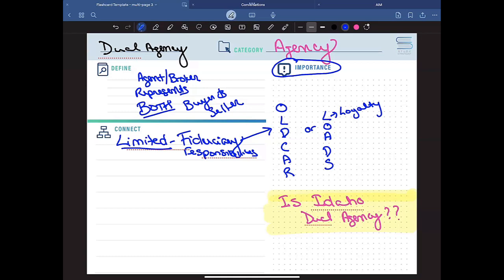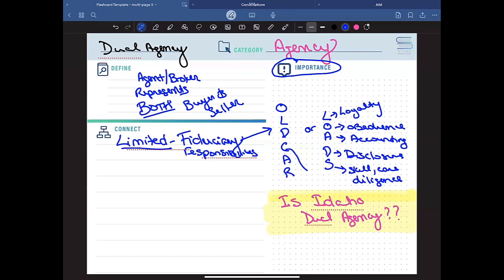It's loyalty, obedience, accounting, disclosure, and skill, care, diligence.